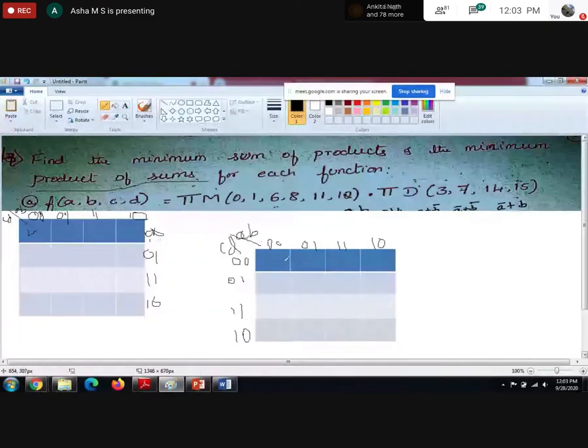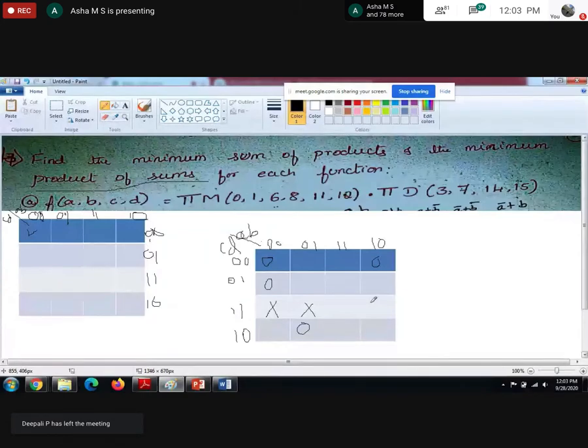Okay, 0 and 1 are there, 2 is there, 3 is don't care, 4 is not there, 5 is not there, 6 is there, 0, 7 is don't care, 8 is there, 0, 9 not there, 10 is not there, 11 is there, 0, 12 is there, 0, 13 is not there, 14 is there, x, next 15 is x.